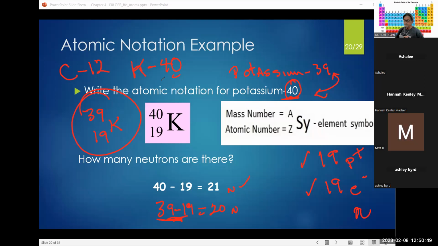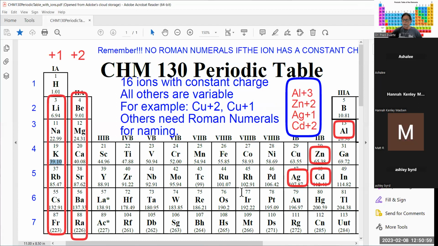Okay. For example, you might think, oh, not quite sure. Well, let's do a quick one. All right, let's take iron right here. The question would be, how many neutrons does iron have?